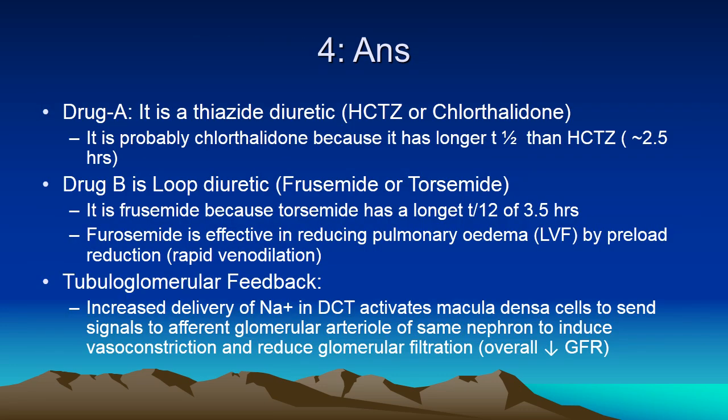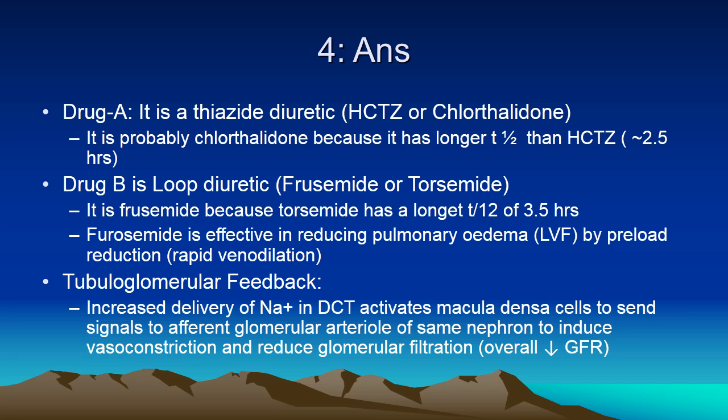Looking at the clinical picture, both are diuretics acting on different segments. A appears to be a thiazide diuretic, either hydrochlorothiazide or chlorthalidone. It is probably chlorthalidone because of the much longer half-life of the drug than hydrochlorothiazide. So A is chlorthalidone.